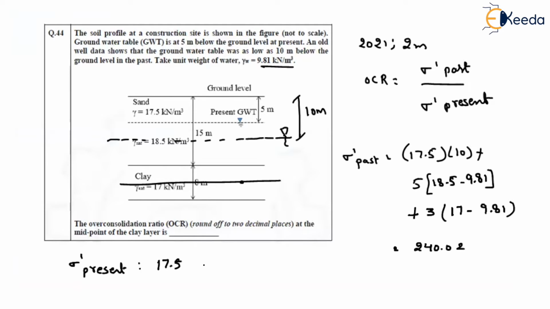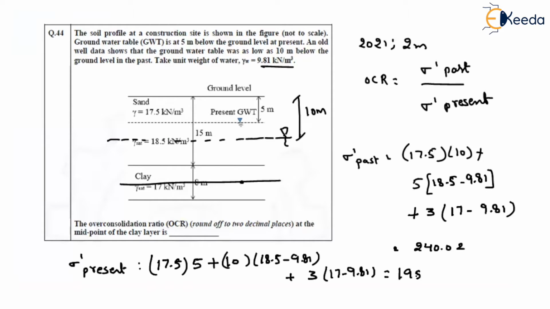The dry sand is now 5 meters only, so 17.5 into 5, plus the remaining 10 into 18.5 minus 9.81, plus the clay layer, which won't change, 17 minus 9.8. Do the calculation and tell me how much you get. You will get around 195.97.